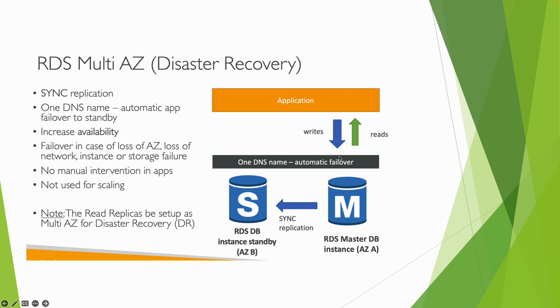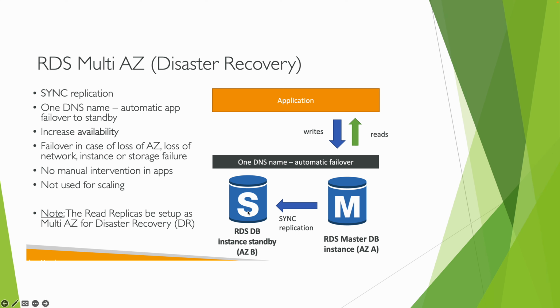Instead of connecting directly to your master instance, we have one DNS name. This master DB is in availability zone A, and this is a slave, something like a standby database.